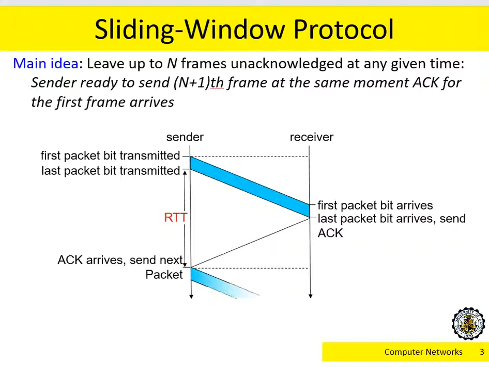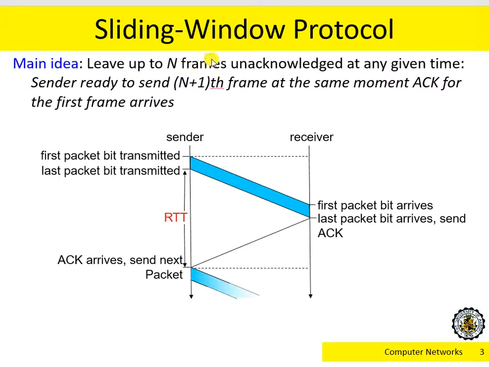The difference between the stop and wait protocol and the sliding window is that in the sliding window I will not send one frame and wait until getting the acknowledgement, then send another frame. Basically, before I receive any acknowledgement, I'm allowed to send up to n frames.